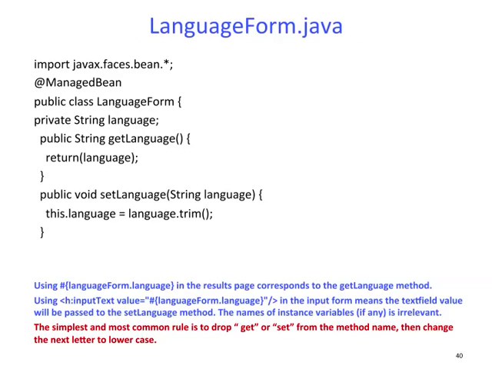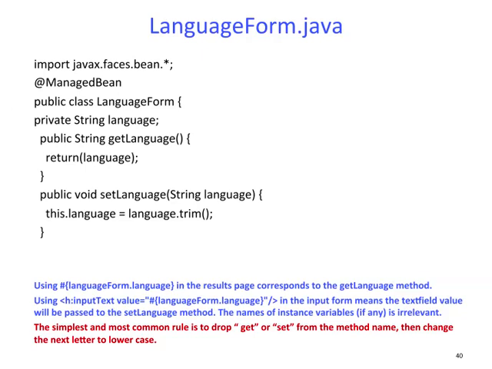So the language form, the bean object, is this one. So import the libraries that are required. Annotate it as the managed bean, and we say yes, this is the class LanguageForm. Language is the property, and the method getLanguage is going to read and return the language that has been entered.